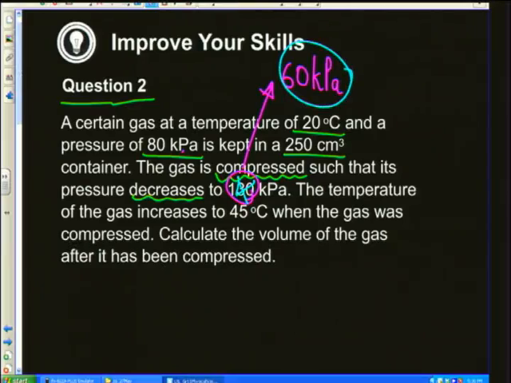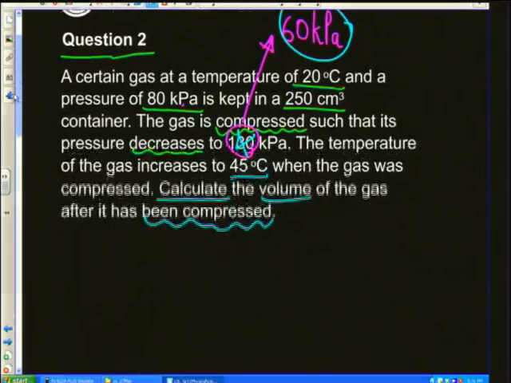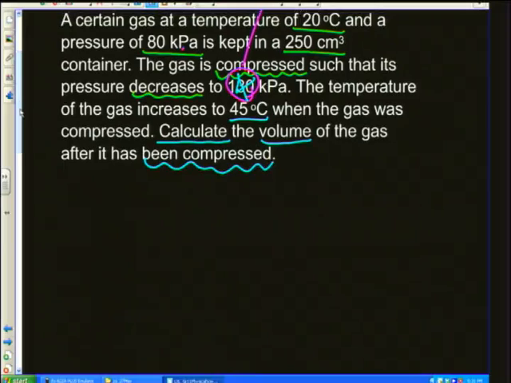The temperature of the gas increases because of the compression. It increased from 20 degrees Celsius to 45 degrees Celsius. Now, calculate the volume of the gas after it has been compressed. Let's look at what is given to us quickly. You've got pressure 1, which is 80 kilopascals.